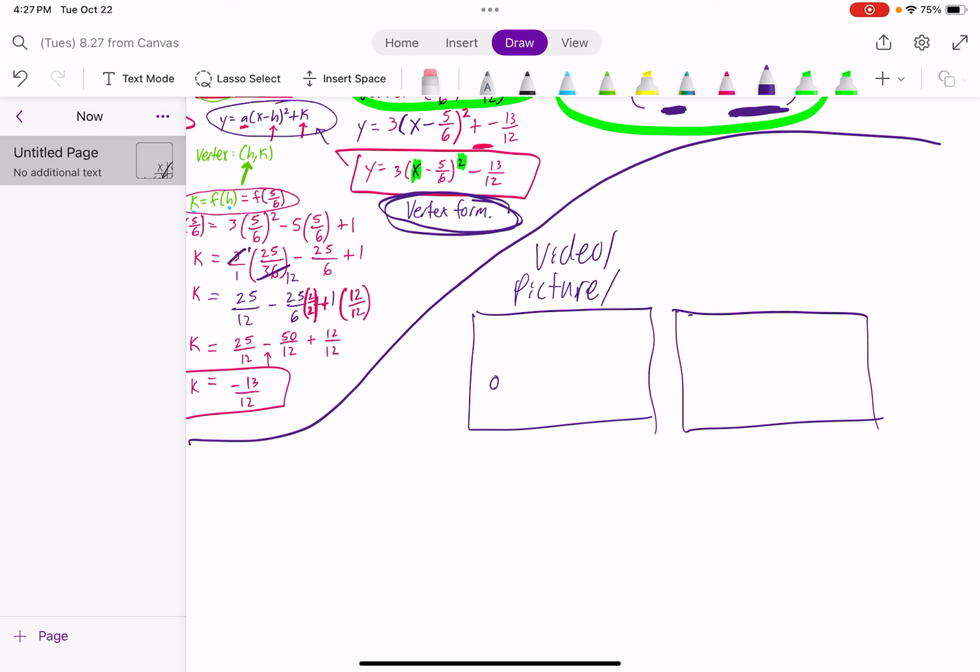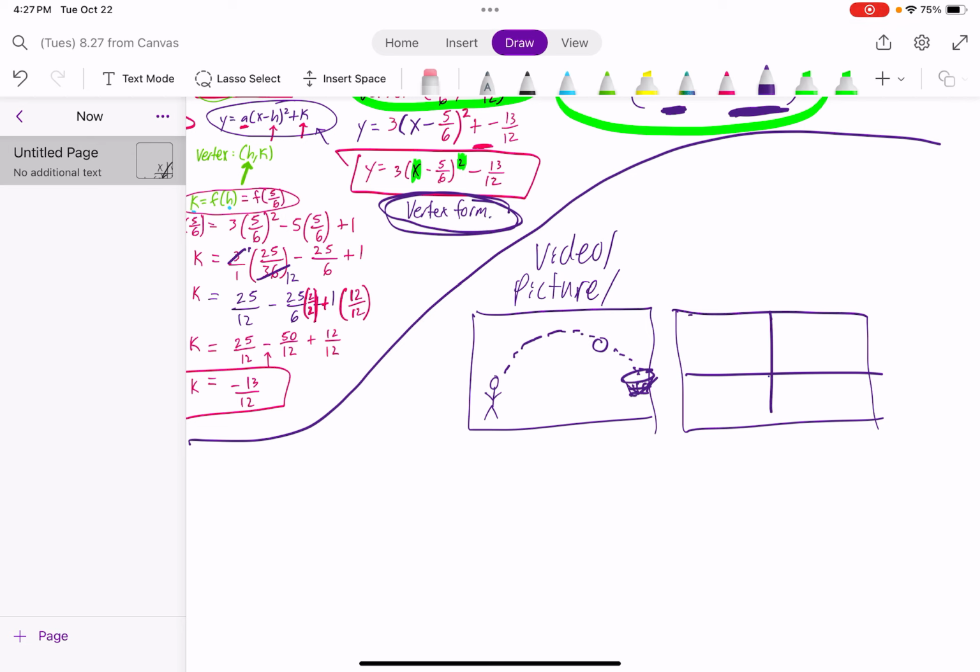Let's say that you're shooting a basketball and that basketball is going up and then down into the hoop or whatever. And then compare it to whatever graph that you got.